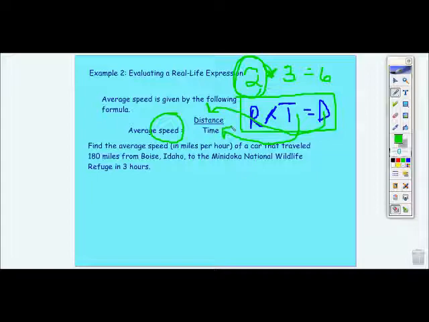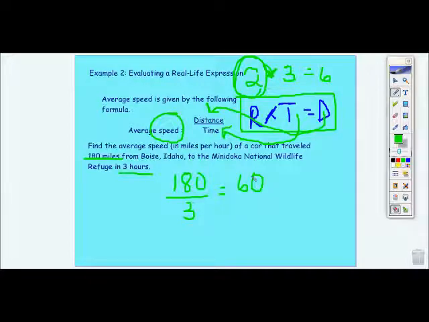So now if we look at the actual problem here, we have 180 miles as our distance and we have our time, 3 hours. So we know the values, and we can substitute the values of both the distance and the time, and we need to find out the speed. So our speed, what we're trying to figure out here, is going to be 180, the distance, divided by the time, 3, and our speed would be 60.